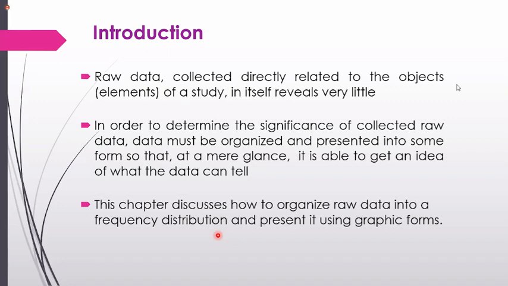But actually we are collecting the data for some purposes. So if we want to determine the significance of the collected raw data, first we have to organize and present the data in an informative way. Right? When we organize or present the collected data in an informative way, then at a glance we are able to get an idea of what we can tell from the data.